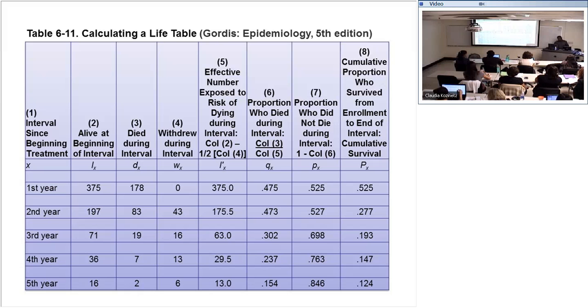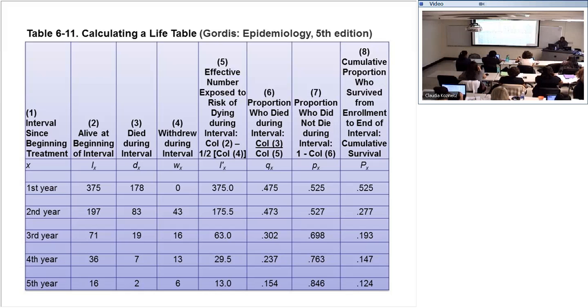Here, we had 375 people starting the first year, or 375 people who have been observed in the first year. People that died, 178 people died. Nobody was lost to follow-up, so withdrawal was 0. So because nobody was lost to follow-up, the exact number that started were the numbers that were at risk.